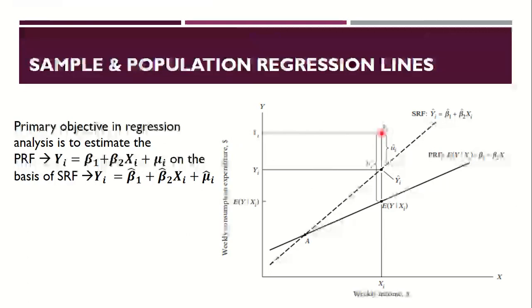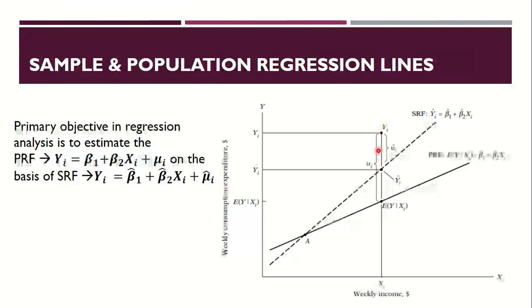And here mu i, this one, is the error term, which is y minus the expected value of y, which we get through the regression line.